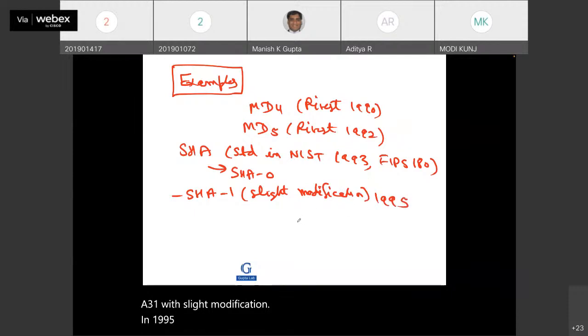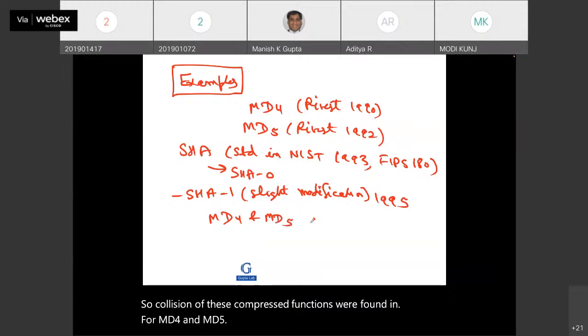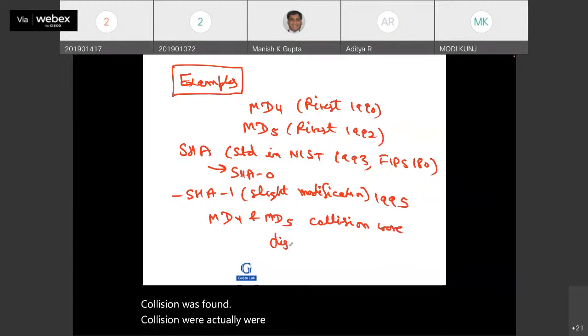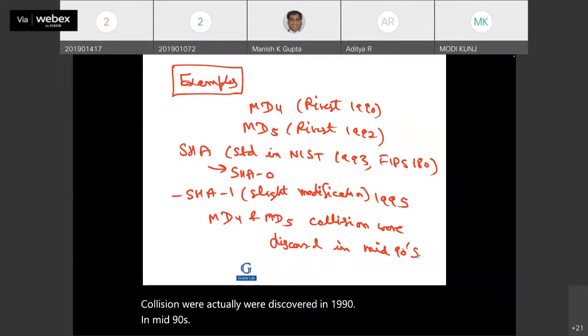Collisions for the compression functions of MD4 and MD5 were discovered in the mid-90s. Okay, so then these algorithms were no longer secure.